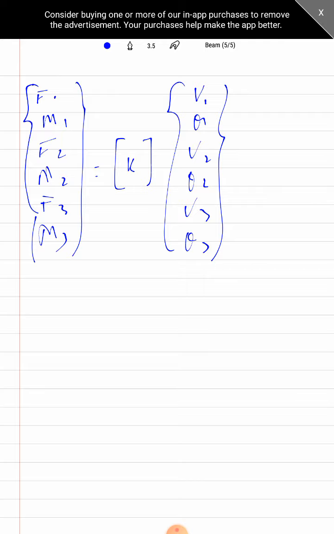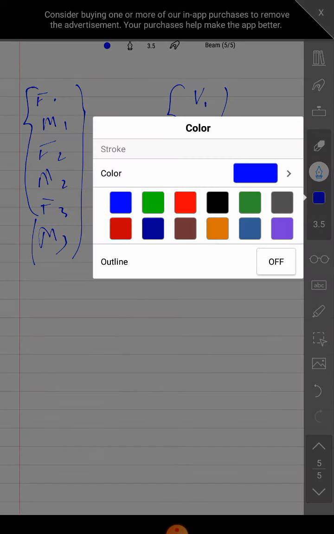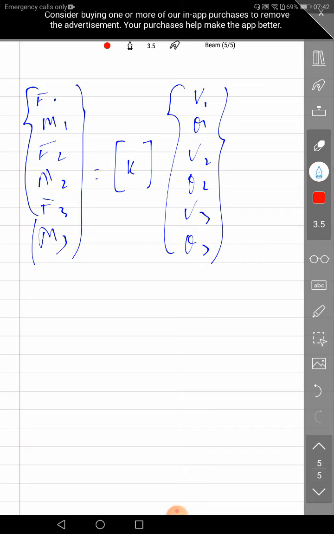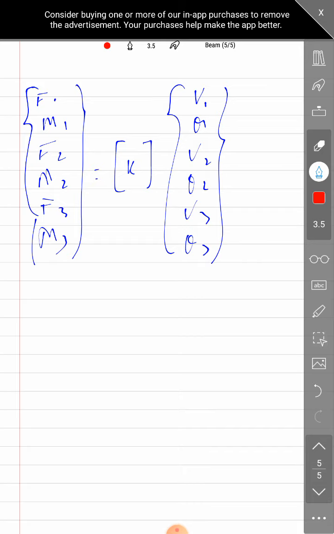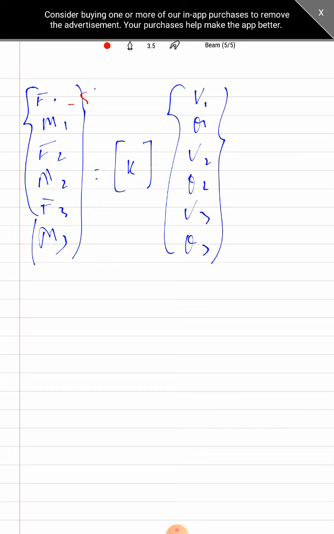So we know our boundary conditions: F1 is 5 kilonewton, M1 is 0, M2 also 0. At roller or pin support, the moment is always 0.